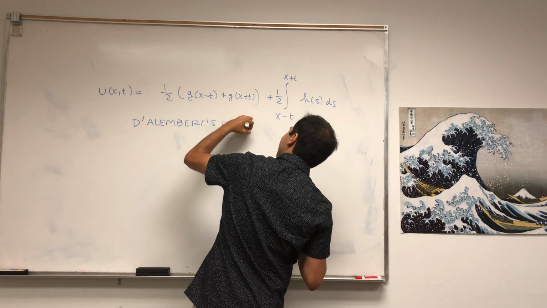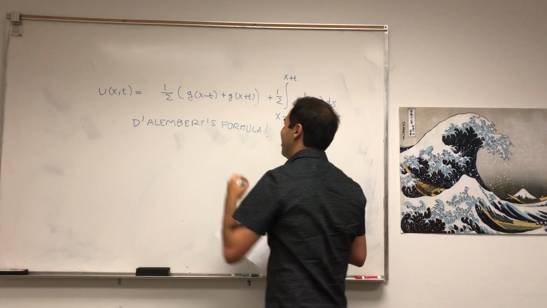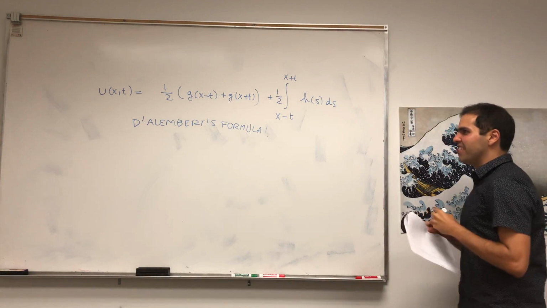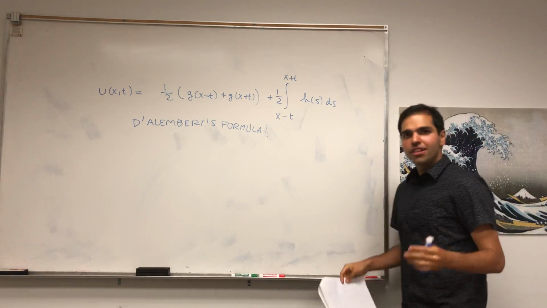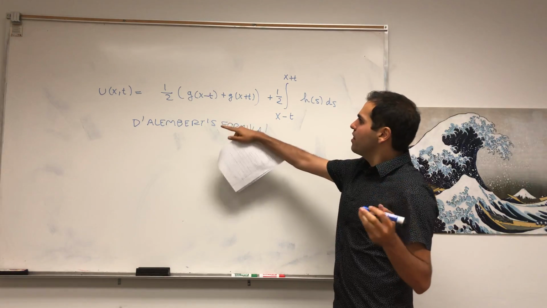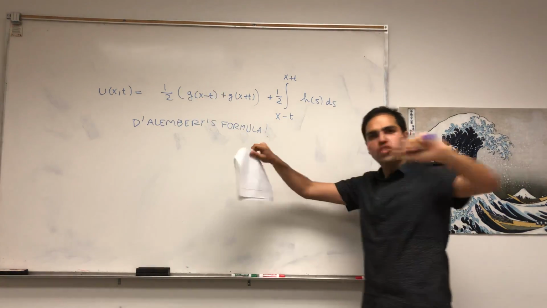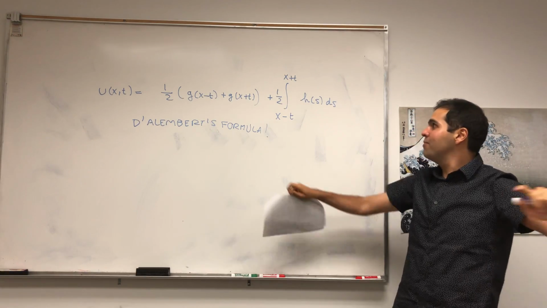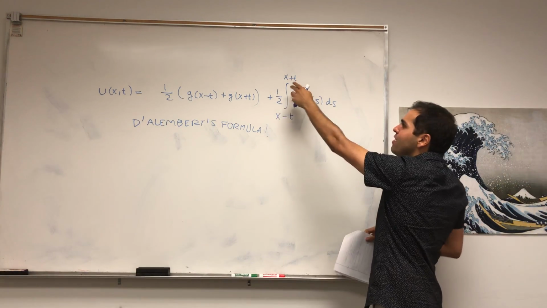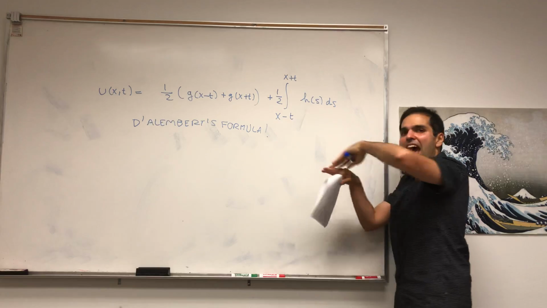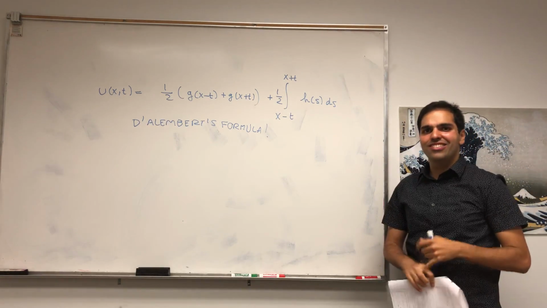So not Dilbert, not D'Alembert, D'Alembert, which tells you that if you have a wave, the height of the wave is sort of given by the average of the initial conditions, but with time, plus 1/2 times also sort of the average of the initial velocity.